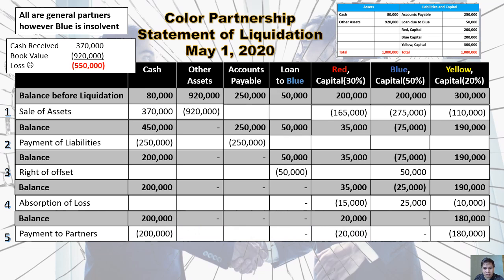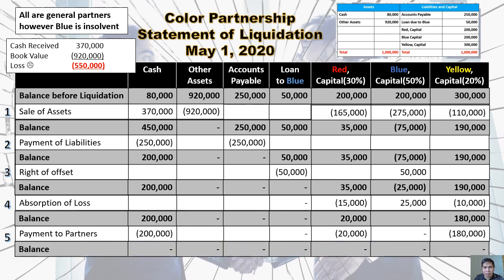So 200,000 minus cash. Then ibigay natin yung 20,000 kay Red kasi ayun na lang yung kanyang remaining balance. Then kay Yellow, meron na lang tayong 180,000 pesos. So after the statement of liquidation, ang balance na lang natin ay 0. Ayan po yung ating procedure kapag ang isa nating partner is insolvent. So una, meron tayong right to offset. Another one is yung absorption of loss kasi insolvent na siya.